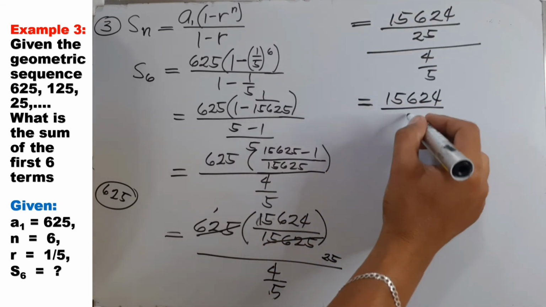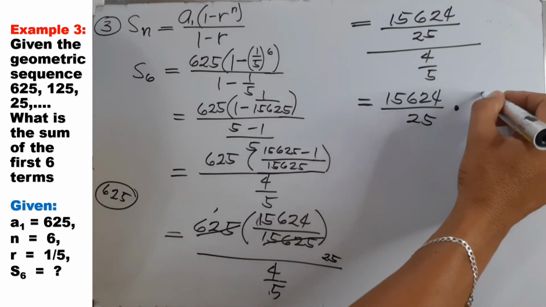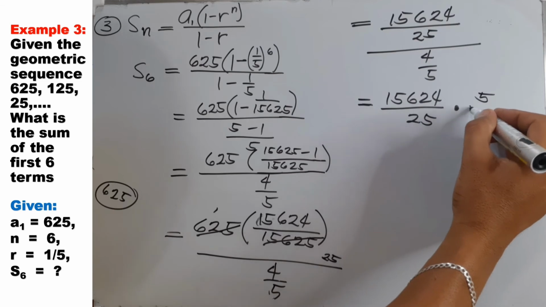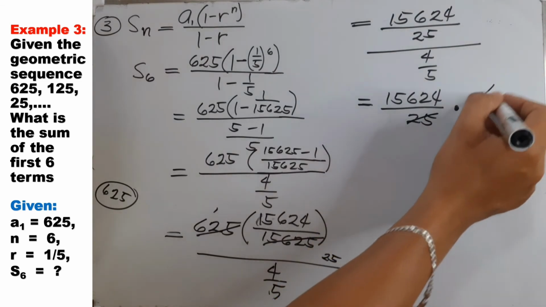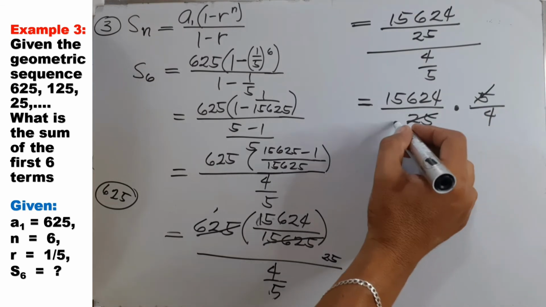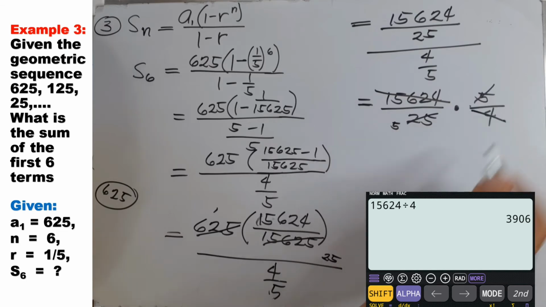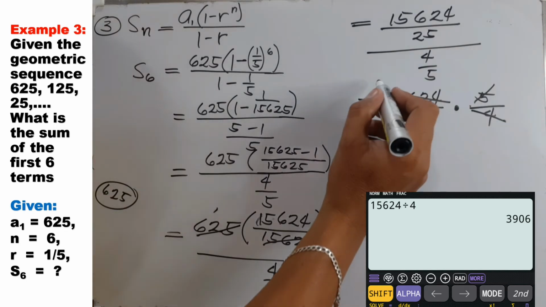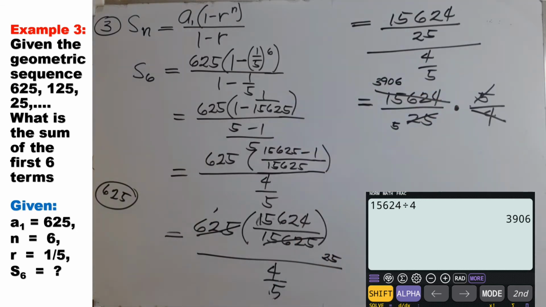15,624 over 25. From division, proceed to multiplication, get the reciprocal. 4/5 will become 5/4. Cancel 25 and 5, we have 5 here. Cancel 15,624 by 4, so we have 3,906.